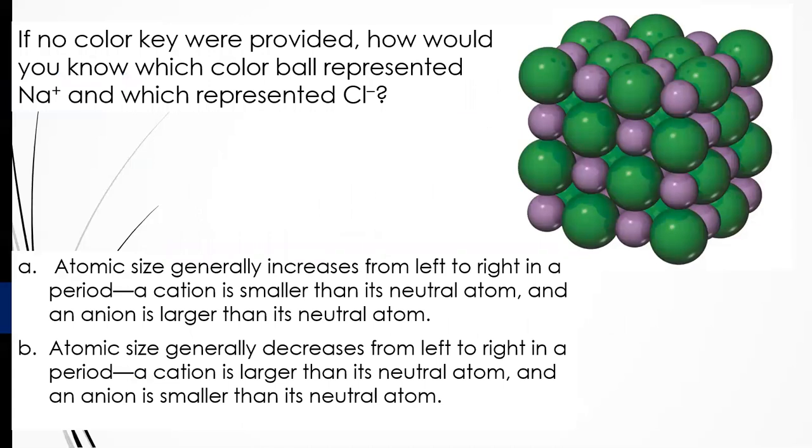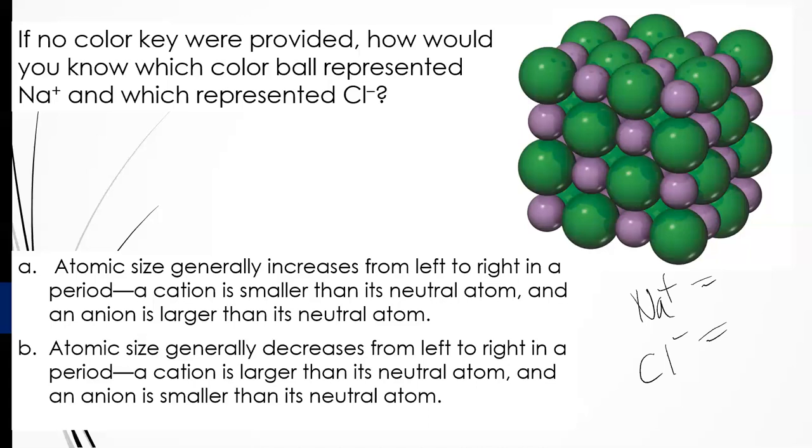So this is NaCl over here. We should be able to figure out what color Na plus should be and what color Cl minus should be when we do our crystal structures. So this is going back to chapter 8 and our trends. Remember that whenever we become a cation, it means that we're losing electrons. And so a cation is going to be smaller than its neutral atom.